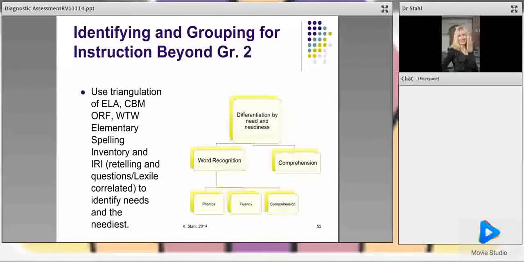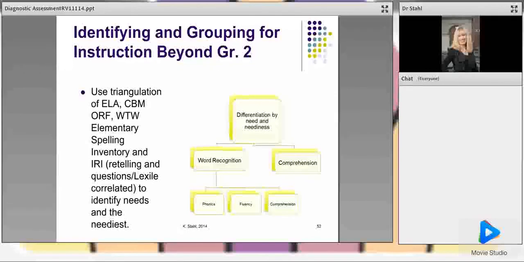In terms of actually looking at a diagnostic process, I want to just talk a little bit about what we do with those children in grades 3, 4, and 5 who have proficiency ratings of 1 and 2.